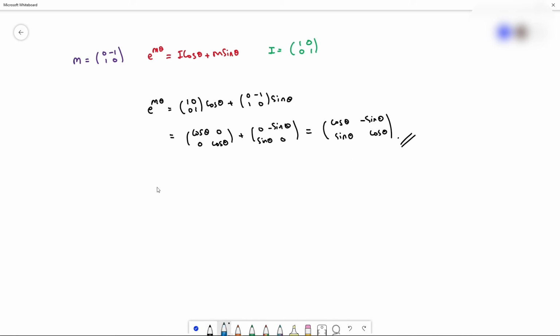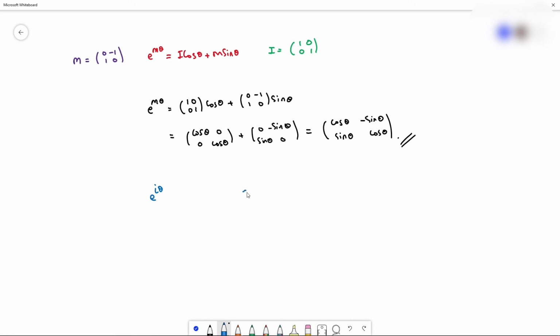Okay, so now some bells should be ringing in your heads, because there is another function that rotates points about the origin by some angle anticlockwise, and that is our beloved e to the I theta.